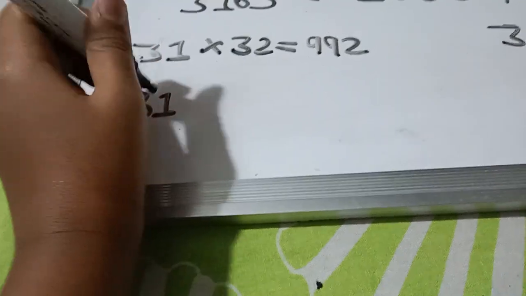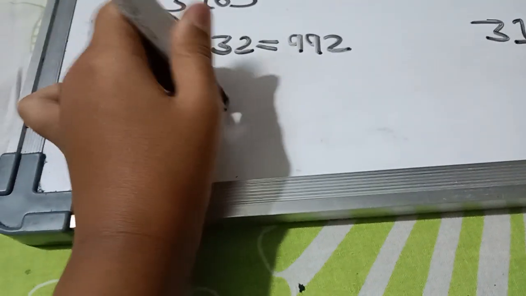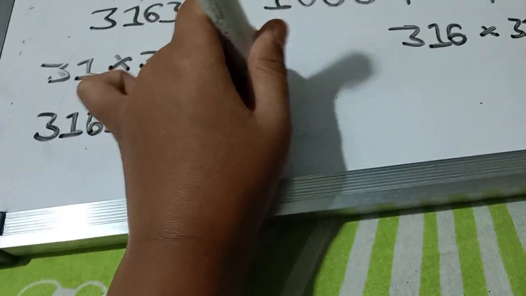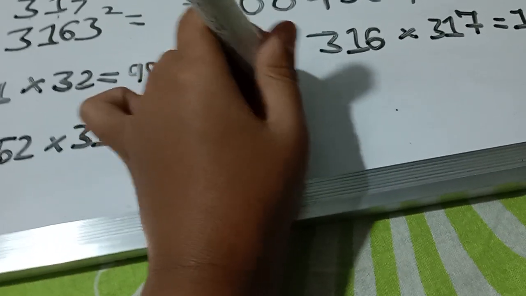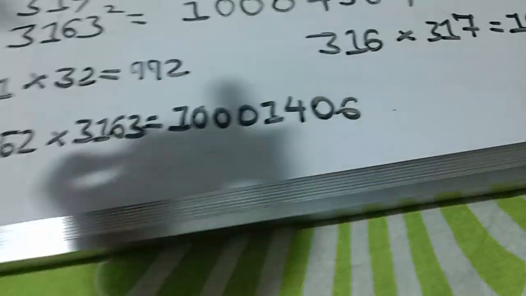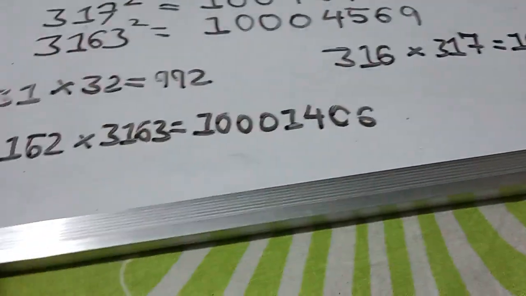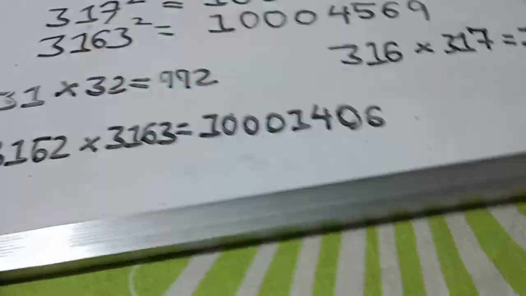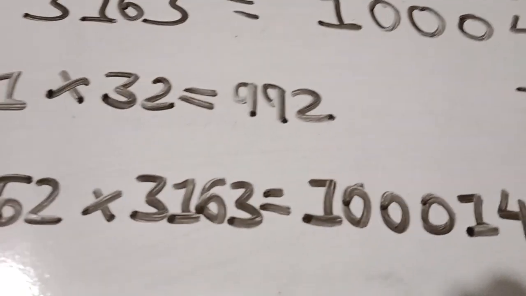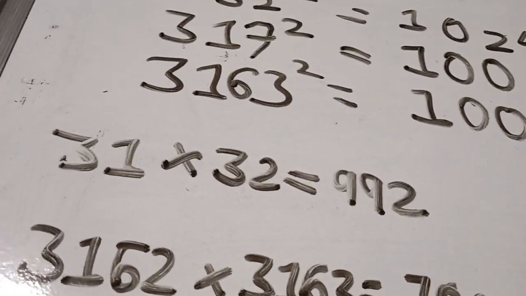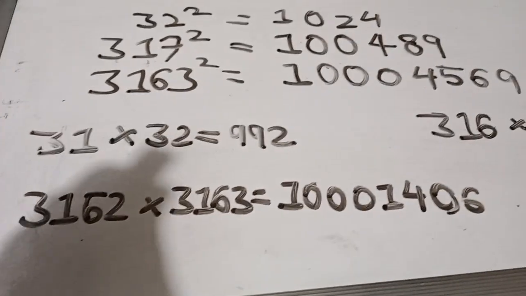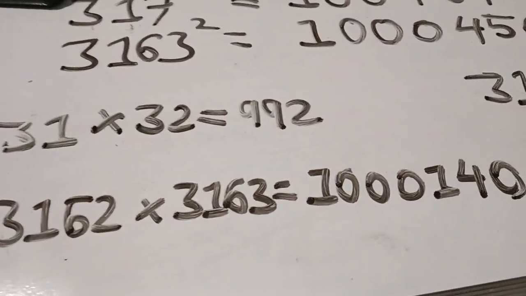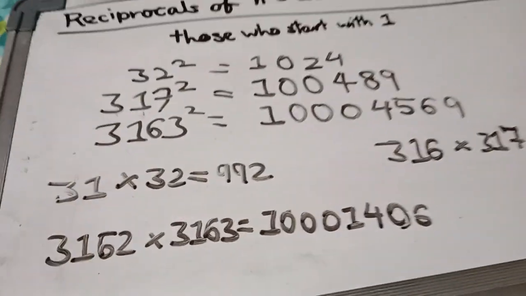Then 3,162 times 3,163 is 10,001,406, which means that these are actually close ones. But if you do 31 times 33, it becomes 1023, which is even greater than 1000.